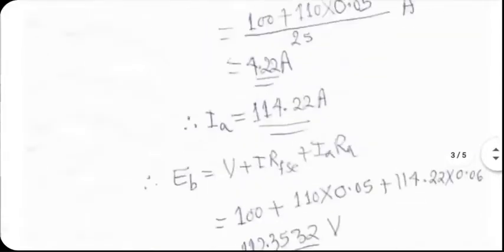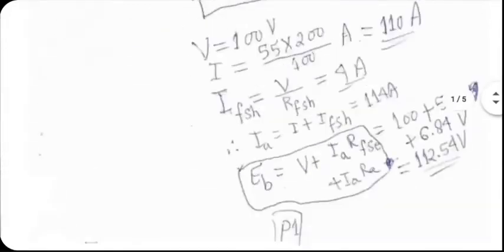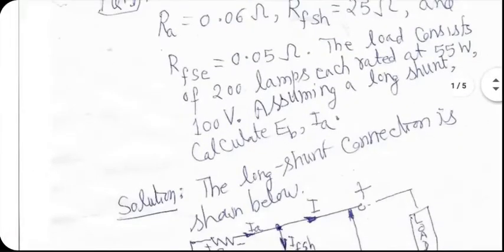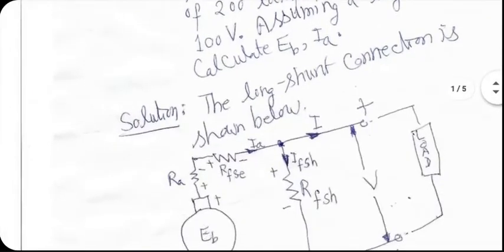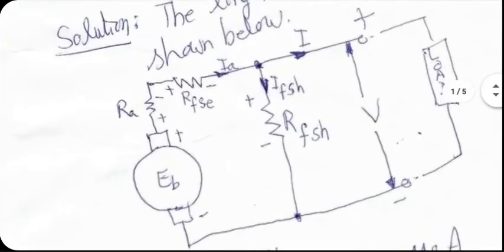Okay, I'll go back to question 1. This was the case. Now, what they are telling you is that they are connecting a resistance called a diverter in parallel with RFSE. That helps in optimizing the performance of the machine. I'll come to that a little later. So if I connect a diverter of 0.1 ohm in parallel with RFSE, what would happen?